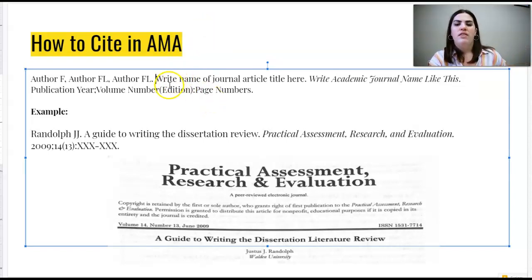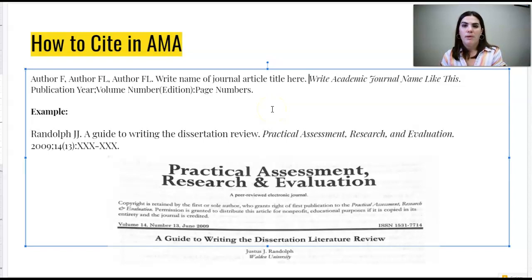So the key thing about AMA formatting is that the journal article title is only capitalized in that first word, okay? So say that the journal article title is called Write Name of Journal Title here. Only the W in Write is capitalized, okay? So a period goes at the end of the journal article title.